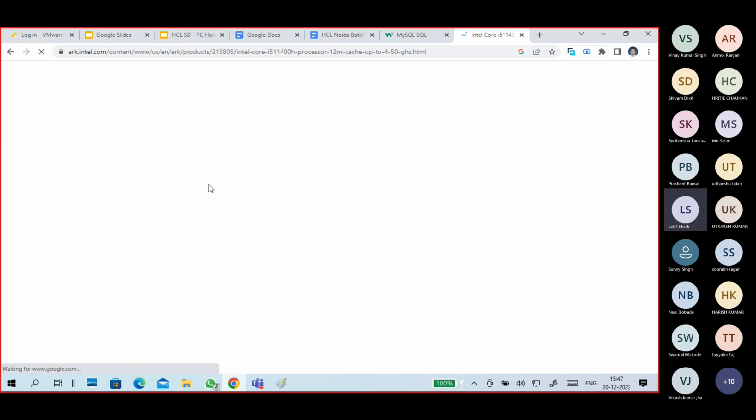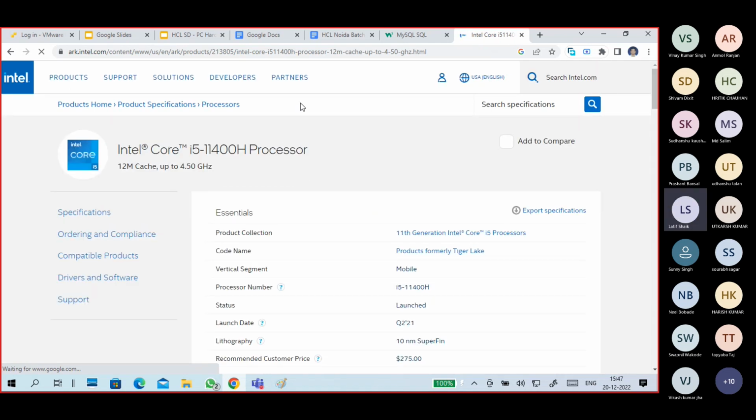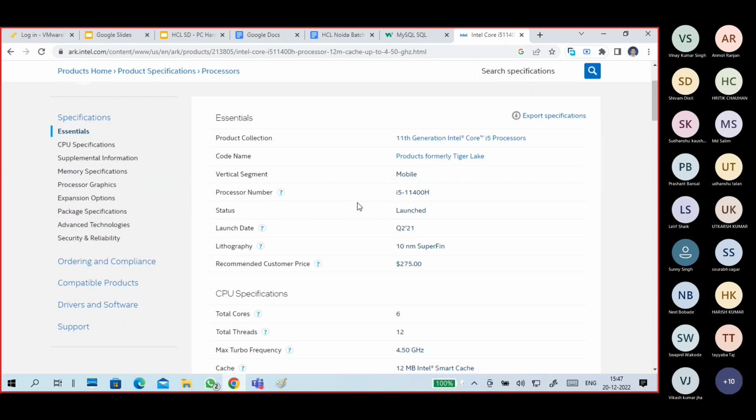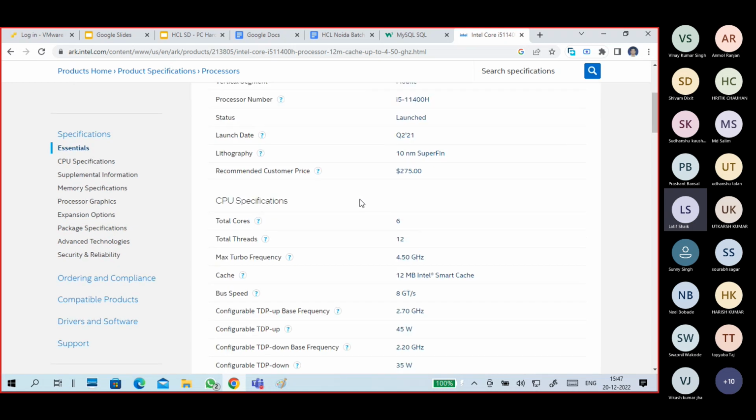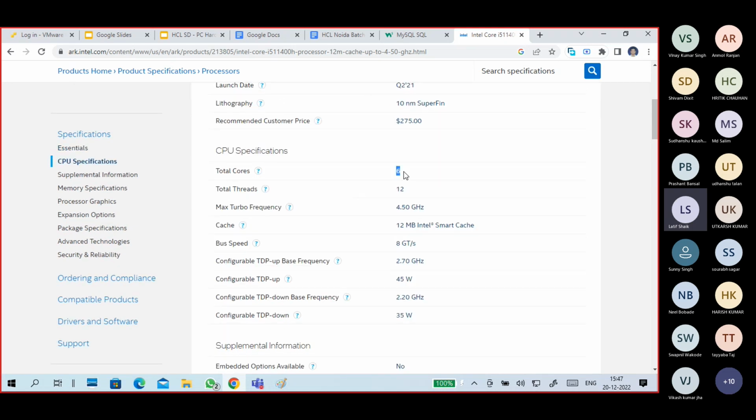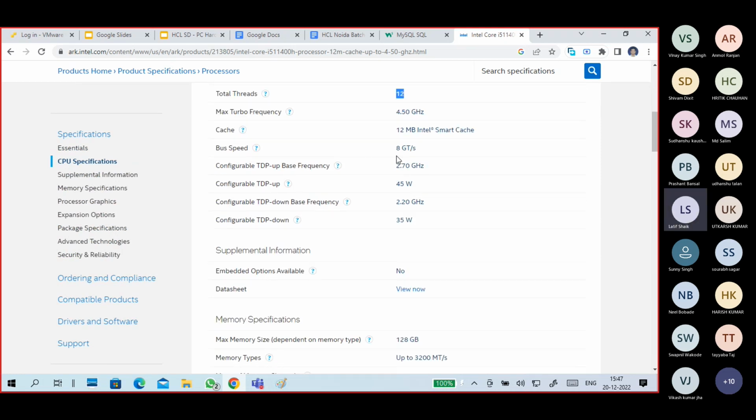So I'm going to the Intel website. See, this is the processor information. It shows 12 MB cache memory and up to 4.5 gigahertz clock speed, the speed of the processor. Number of cores is 6, number of threads is 12.